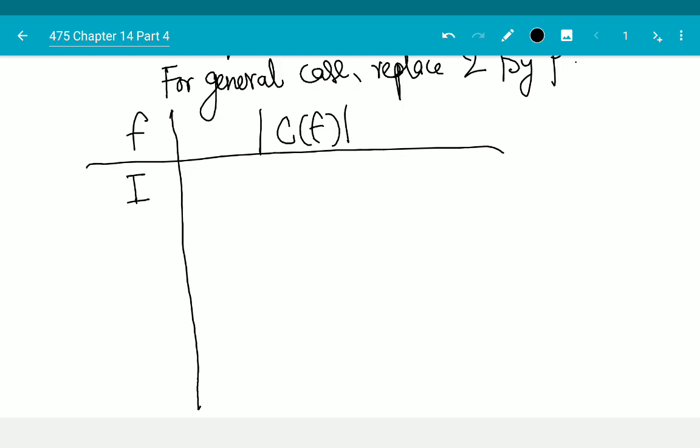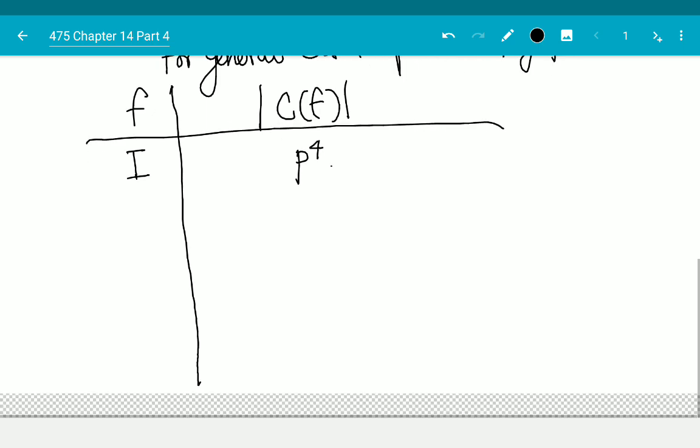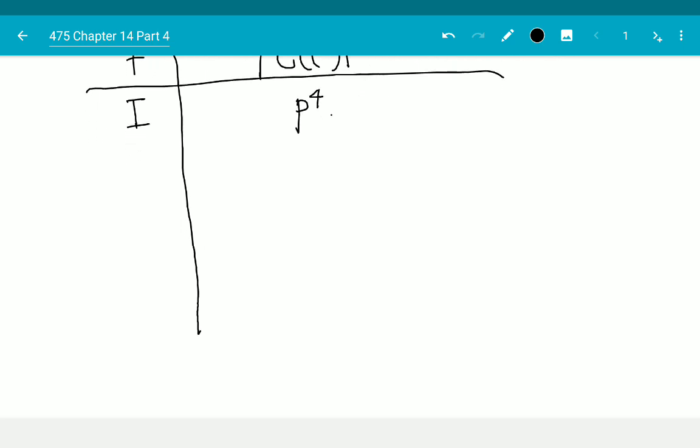So for the identity permutation, we had P to the 4. In the previous case, we had 2 to the 4. The identity permutation keeps every coloring the same, right?